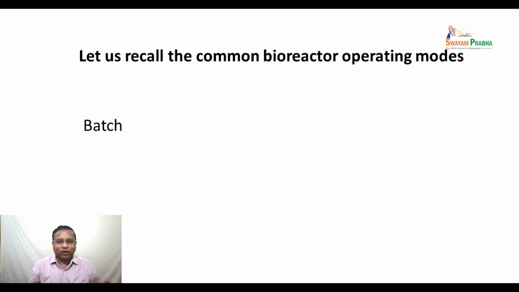There's no addition or removal. The process takes place inside the batch reactor with no addition or removal, and at the end of the batch time you take the contents out and go for processing. The batch time begins after everything has been added, and the batch time ends before things are removed. That is the batch mode of operation.